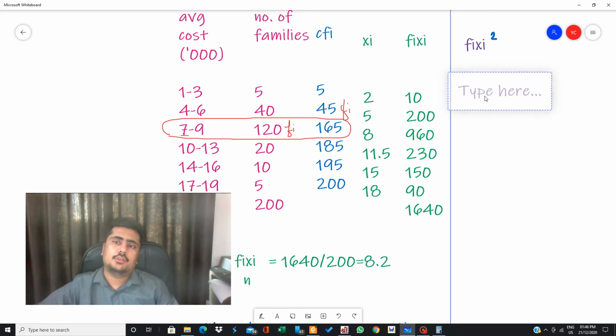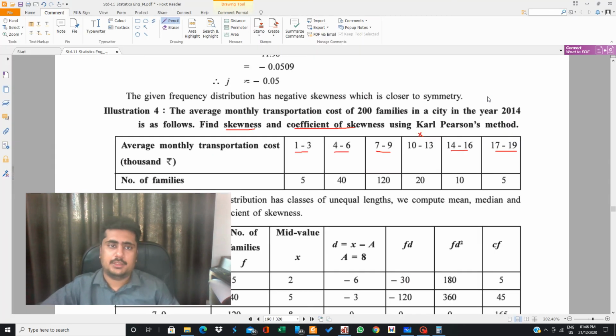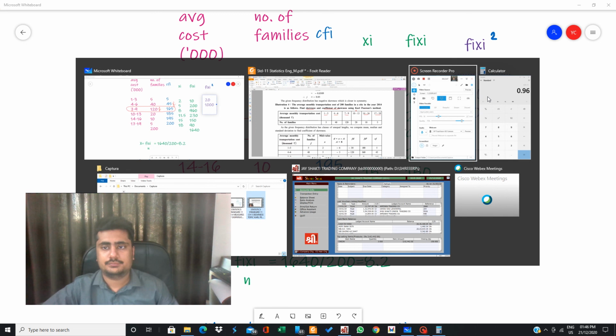Now to find f x square, you need to multiply f x into x. We have gone through this many times.